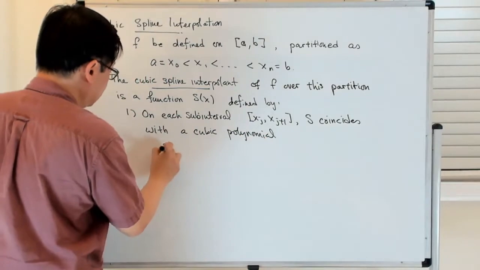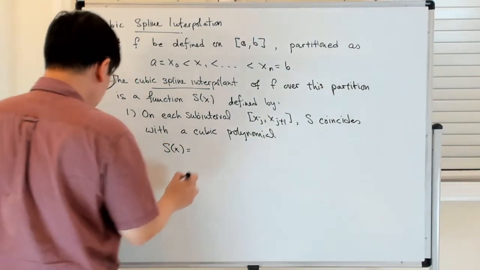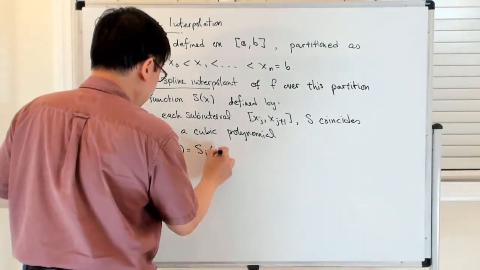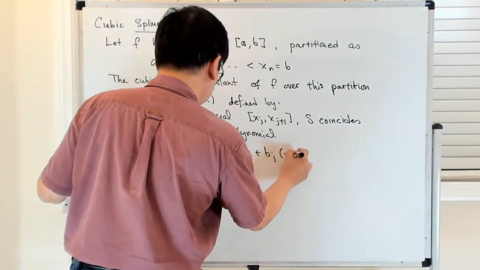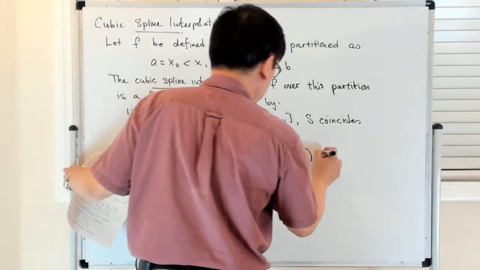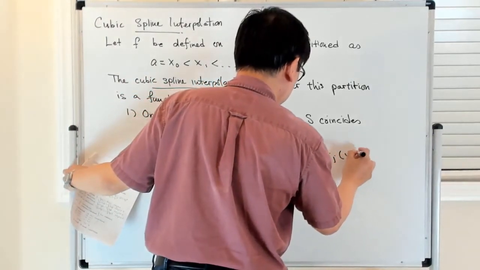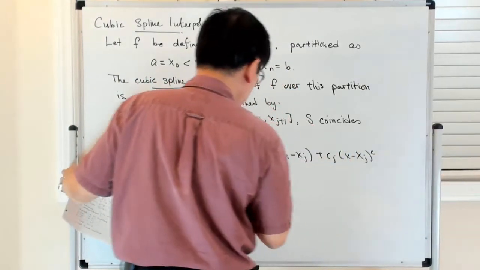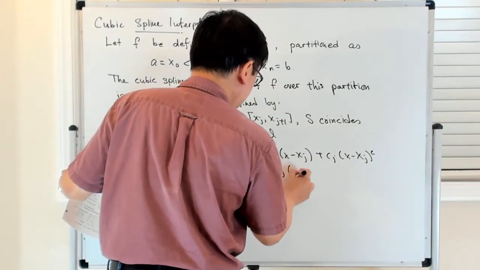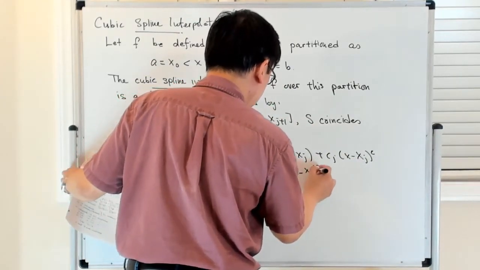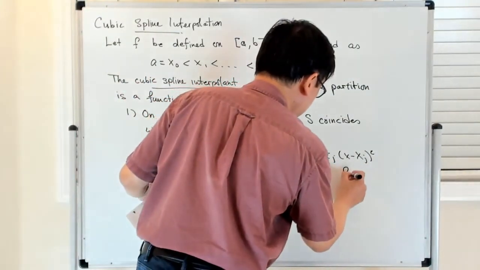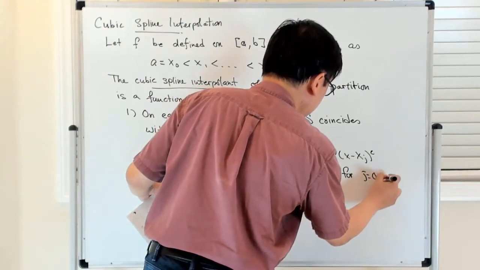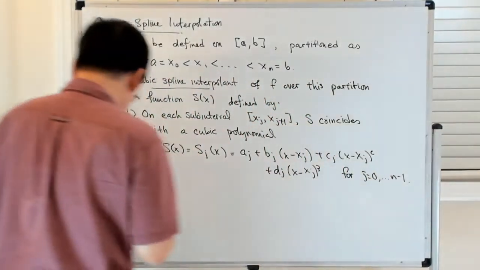So S of x is equal to S sub j, which is aj plus bj times x minus xj, plus cj times x minus xj squared, plus dj times x minus xj cubed. And this is for j equals 0 to n minus 1.